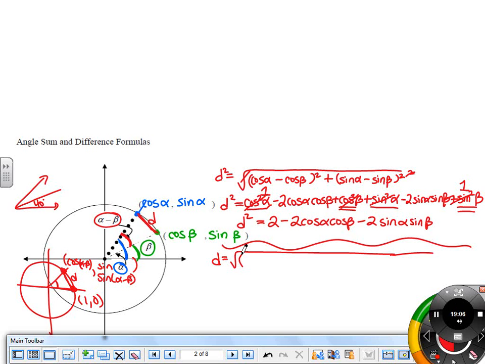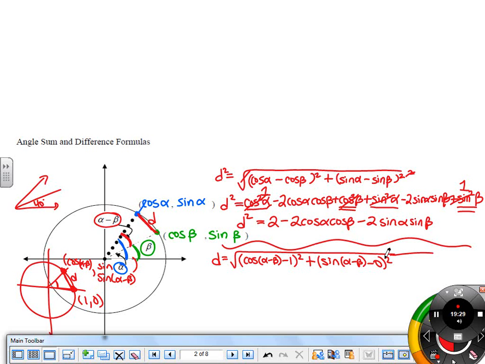Cosine alpha minus beta is one x-coordinate. 1 is the other x-coordinate. I'm very thankful for the 1 at this point, right? It's nice to have a number. So this is cosine alpha minus beta, and then minus 1 squared, plus sine of alpha minus beta minus 0 squared, because 0 is the y-coordinate.